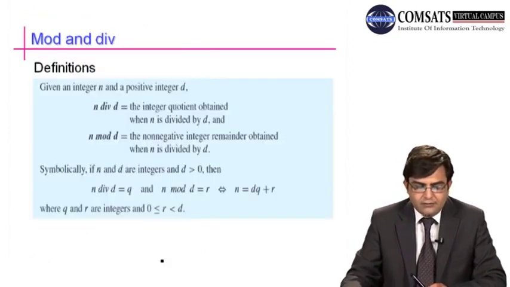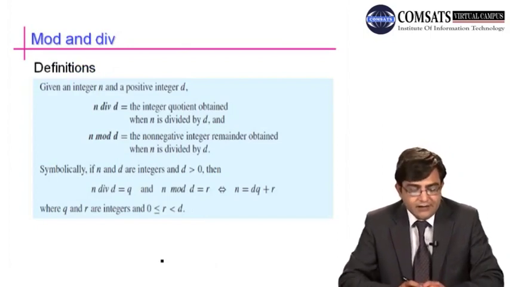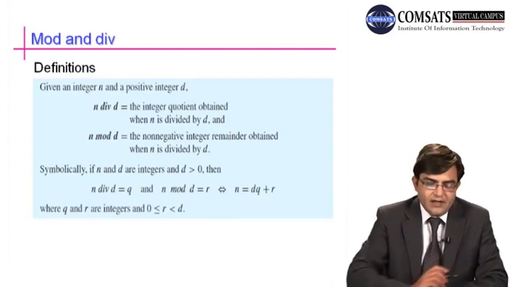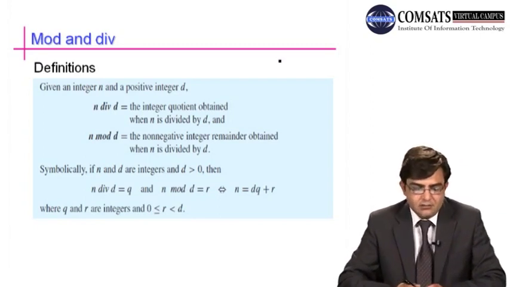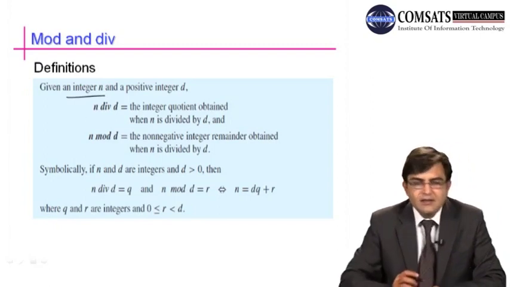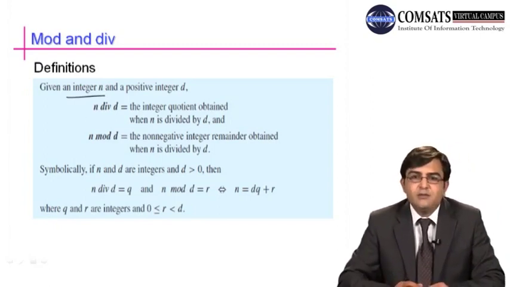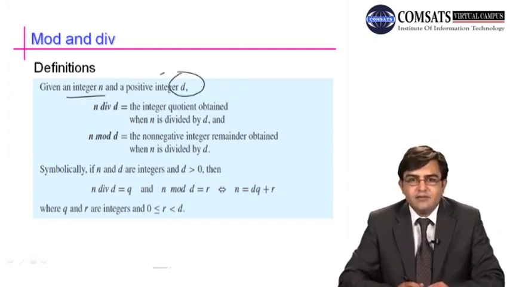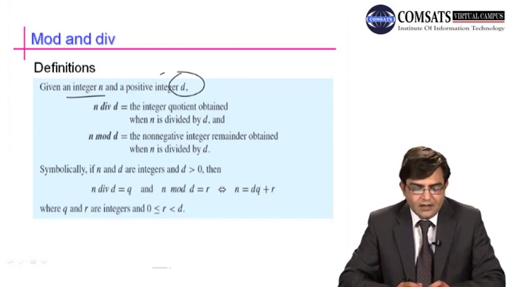Now let us revise the definition of div and mod, which we have already seen. Given an integer n and a positive integer d, you can notice that n can be any integer. It can be positive, it can be negative, but the divisor d must be positive, it cannot be negative.